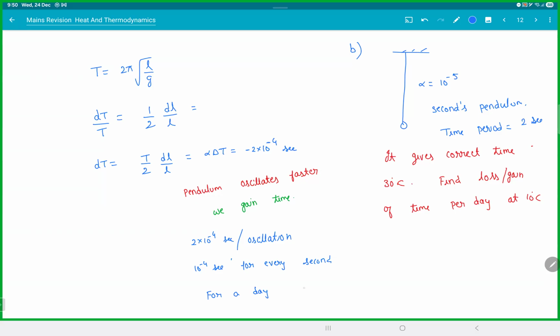For a day, it is 86,400 into 10 power minus 4, that is 8.64 seconds per day. So you actually gain this much time. Clear with this? Meaning your day will be 8.64 seconds less.